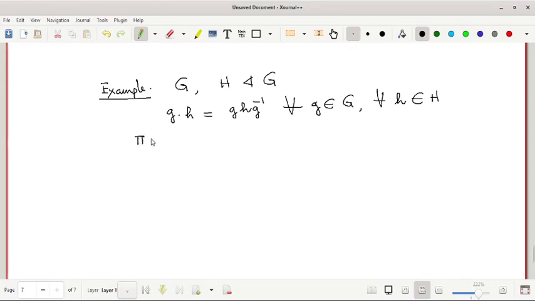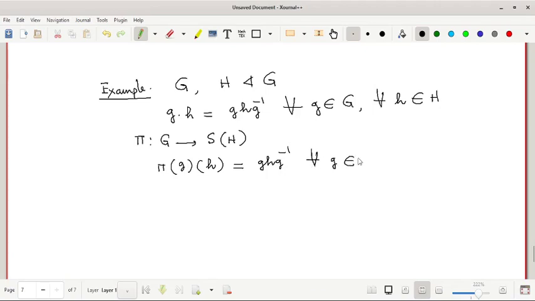To be faithful, you have to define a homomorphism from G to the permutation group of H, whose kernel is trivial. So to S_H, how is it defined? Pi of g acting on h should be equal to g dot h, that means g h g inverse, for every g belongs to G, for every h belongs to H.